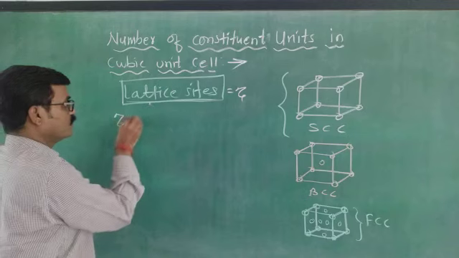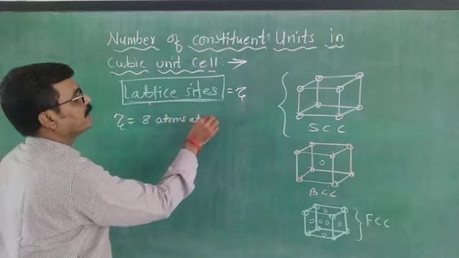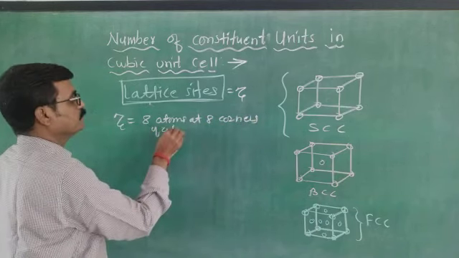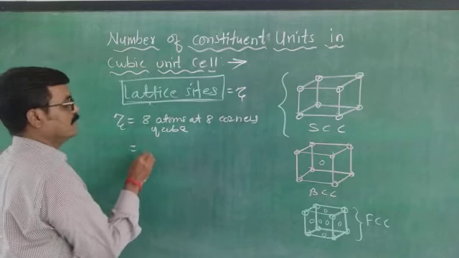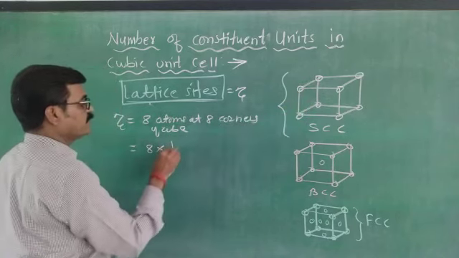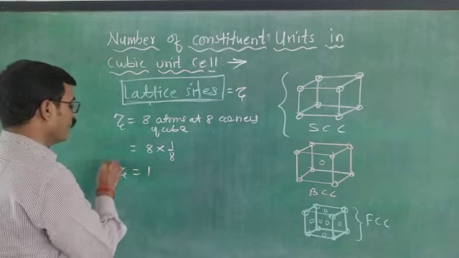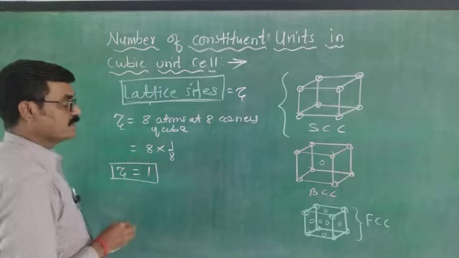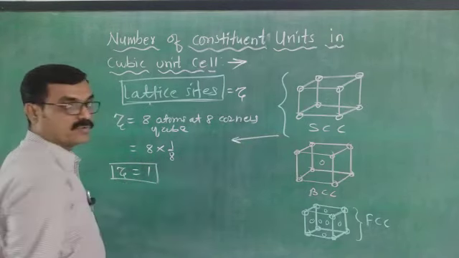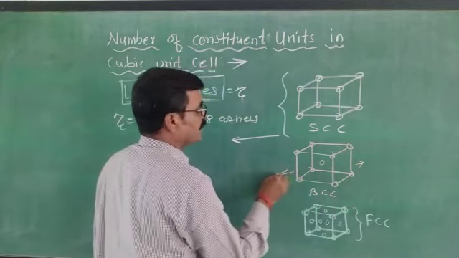Now Z equals 8 atoms at 8 corners of the cube. No doubt 8 atoms are there, but which portion? For SCC it will be 1/8 into 8, that equals 1. Means Z equals 1 for simple cubic crystal. Getting it? Now calculate Z for BCC.